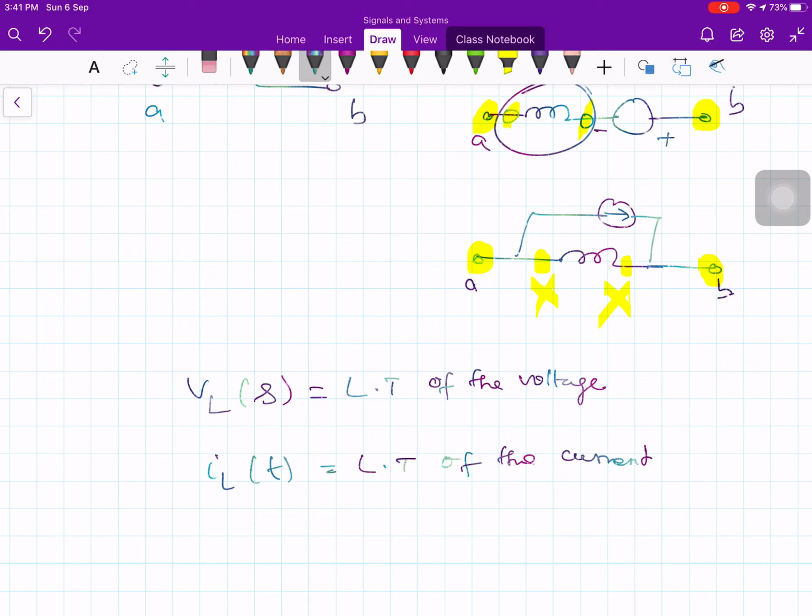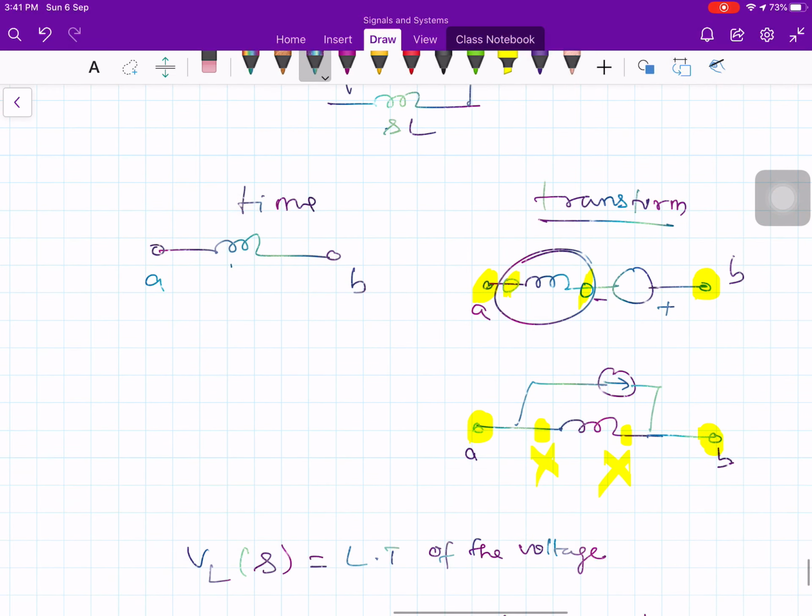Originally here it is L and here it is SL, and here also it is SL.